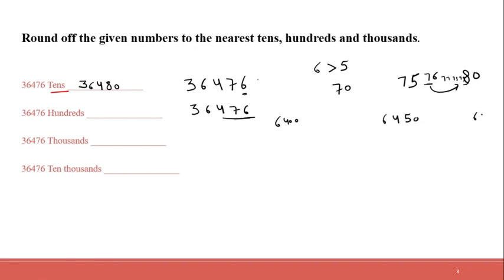So it is 6400, then 6450 will be in the middle and 6500 will be at the last, right?